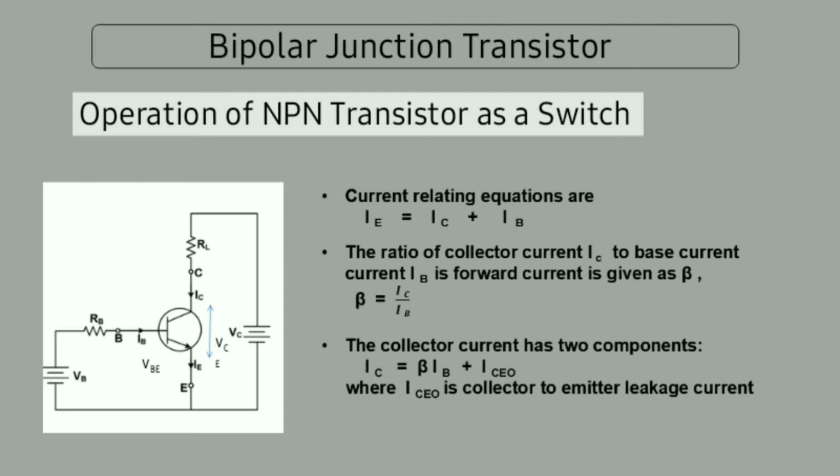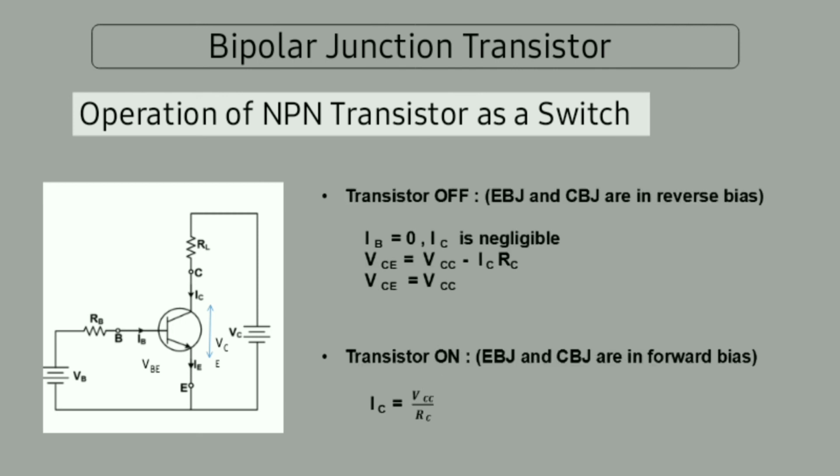When both the junctions, emitter base junction and collector base junction, are reverse biased, the transistor is said to be in off state. So it is called the cutoff condition of the transistor. Here IB is equal to 0 and IC is negligible. That is, only a small leakage current flows.